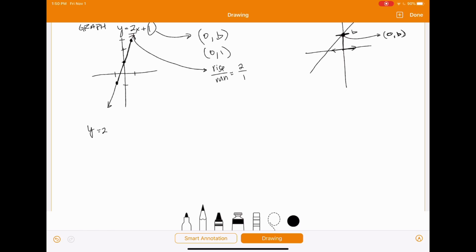So y equals 2x plus 1, and you wanted to find the equation for a line perpendicular to y equals 2x plus 1. That's the symbol for perpendicular. And also passes through the point -1, -1.